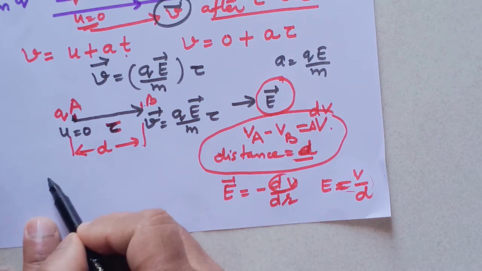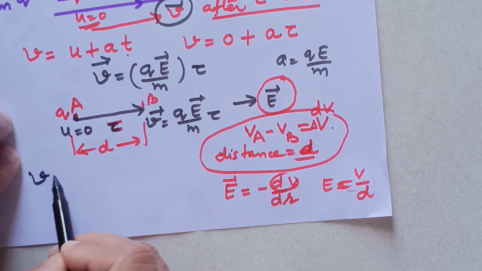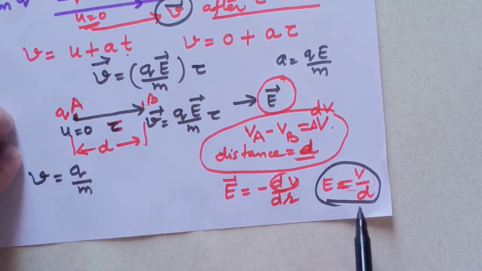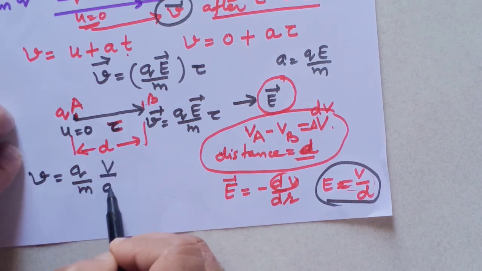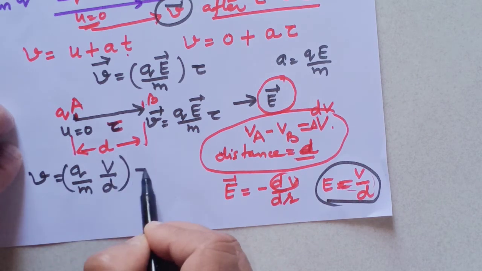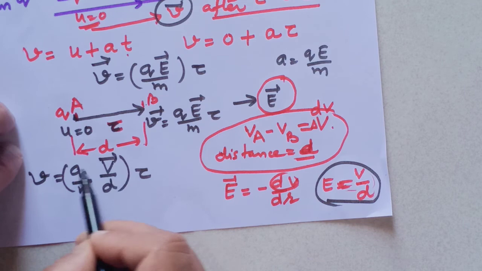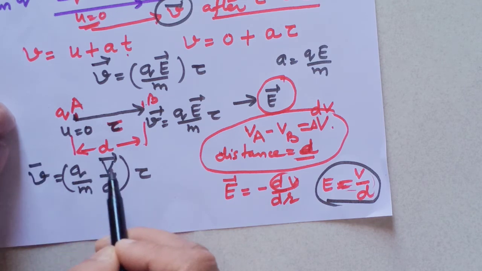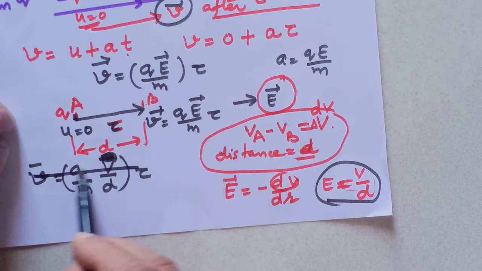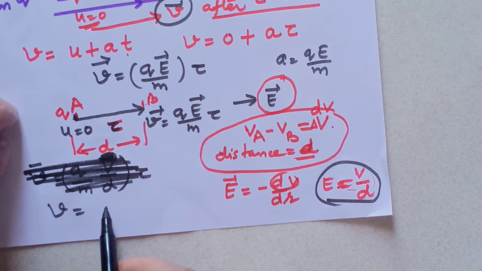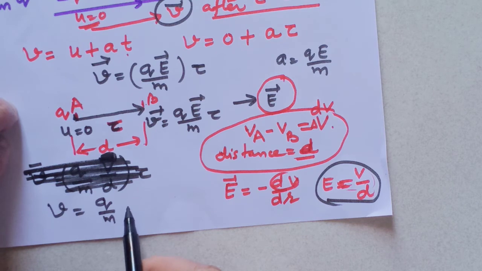So the velocity comes out to be v equal to Q upon m, and in place of E we put V upon d, into tau. Now whether it is a positive or negative charge, we can put it like that. Sorry, the negative gradient applies to the vector d upon dr, not to the potential, so don't put a sign on the potential. So the velocity will be equal to Q upon m, V upon d, into tau.